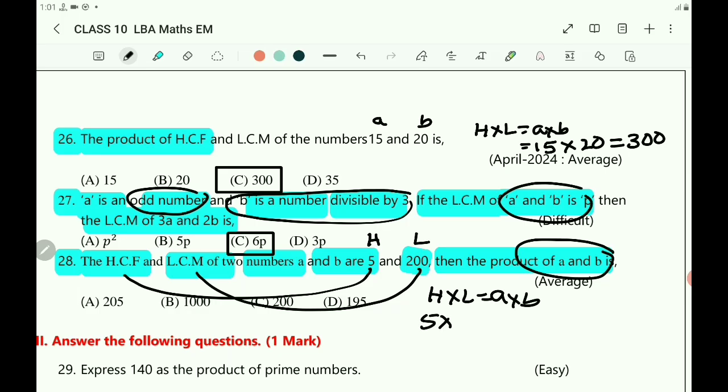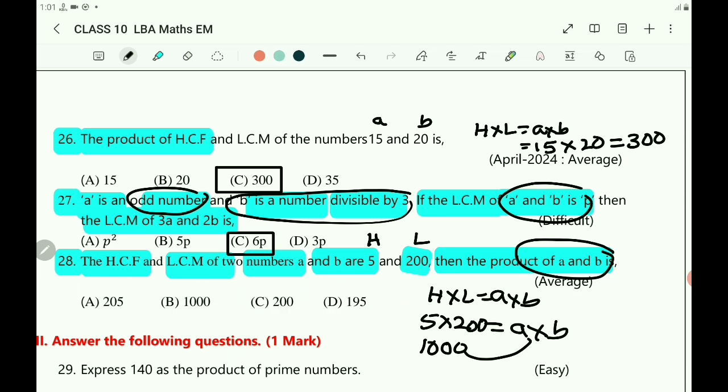So 5 into 200 is equal to A into B. 5 twos are 10, then you take the extra 2 zeros, 1000. So the product of A and B is 1000. So option B, 1000, becomes the answer.